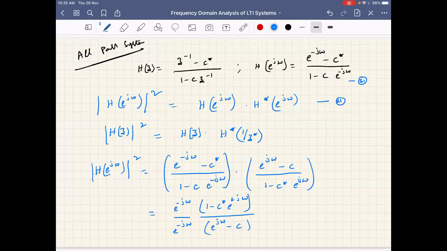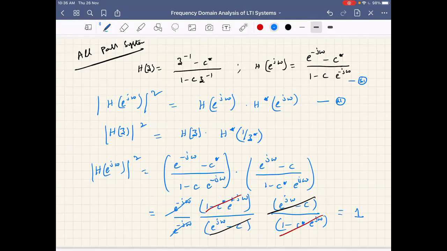And let us write the second term. Now see if any of the terms are getting cancelled. You can see that this gets cancelled with this. Similarly, this gets cancelled with this. Hence this and this get cancelled. So you have this equal to 1.